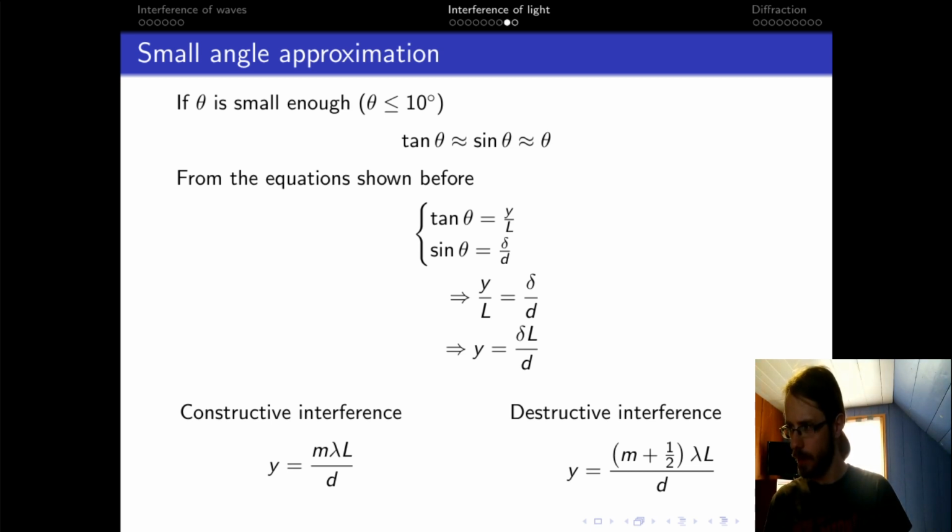And I believe that was what I had to go back on before we move on to diffraction. Would you have something you would like us to go over once more?